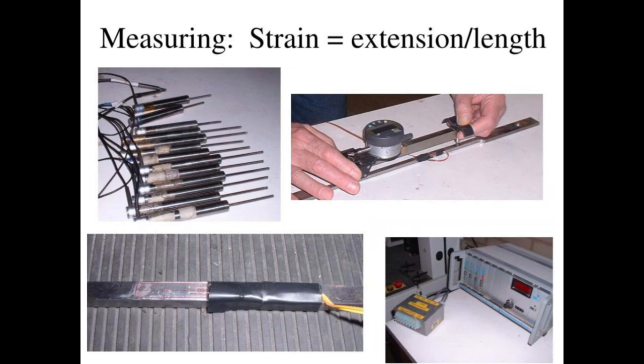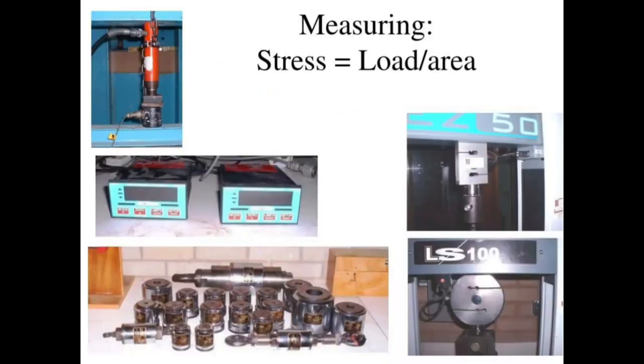That extension is measured as strain. Strain is equal to extension by length. It can also be named as change in length or change in diameter by original length or original diameter. That can be measured by using some equipment.